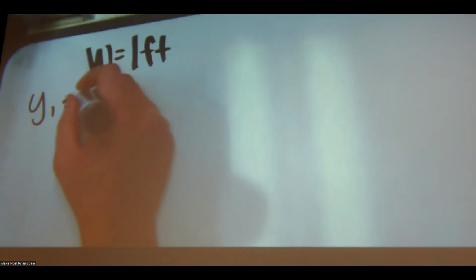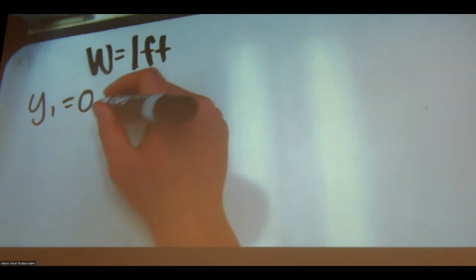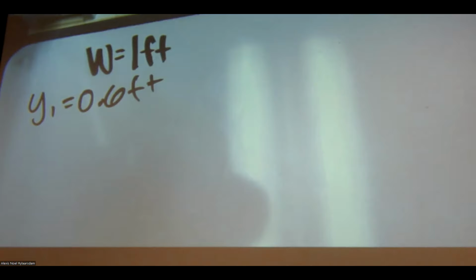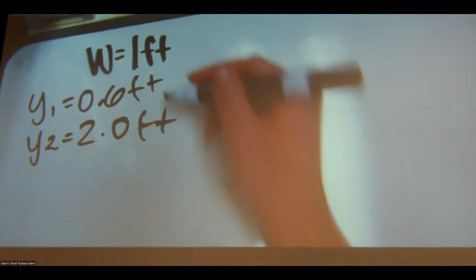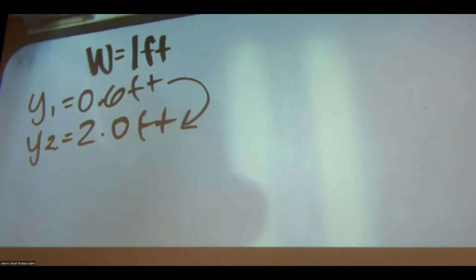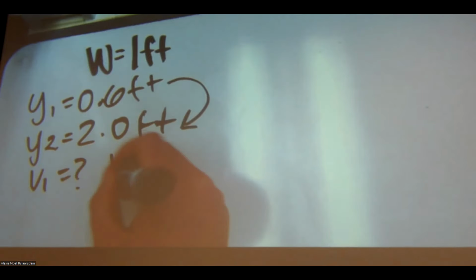So on my left side of my figure, y1 equals 0.6 feet. Everything's been given in feet so far, so no conversions yet. y2 equals 2.0 feet. So we're going from here to here. We're getting deeper, so our y is bigger. And what do we want to solve for? We want to solve for v1 and v2.